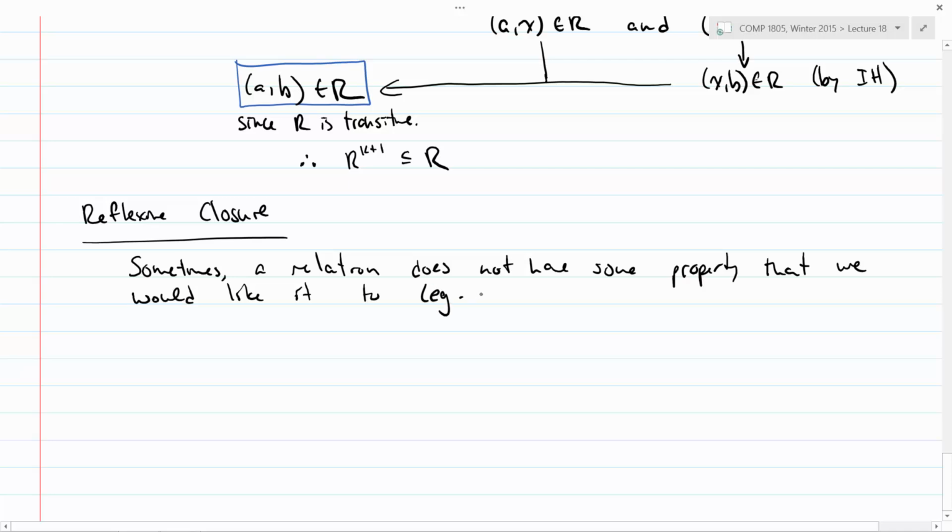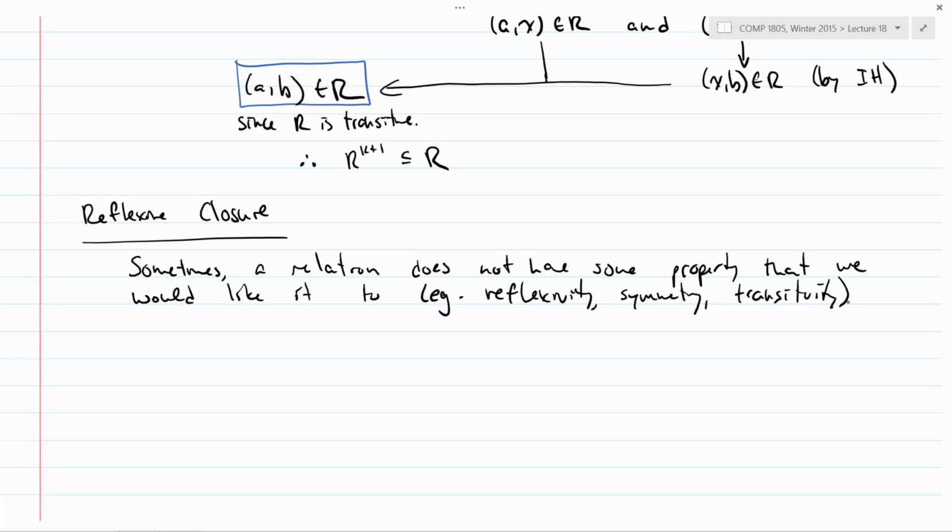So for example, reflexivity, symmetry, and transitivity. We don't really think about the anti-symmetric closure because to make a relation that's not anti-symmetric become anti-symmetric, you have to remove elements from it. And we don't usually like to lose data, we prefer to gain data. So that's why I'm not going to cover an anti-symmetric closure. But I will cover the reflexive, symmetric, and transitive closures.